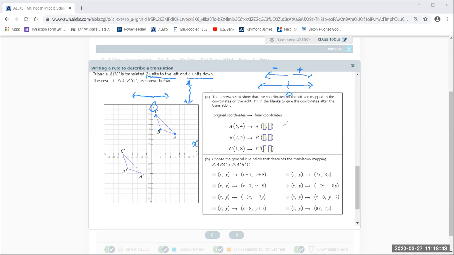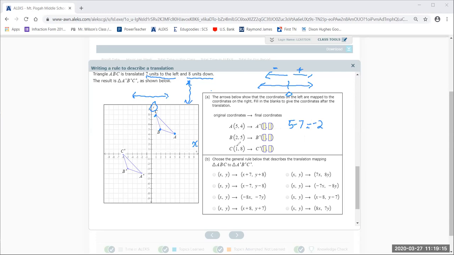7 units to the left. And left goes with what operation? Subtraction. So 7 units to the left means subtract 7. I take my X value 5, subtract 7, and I get -2.